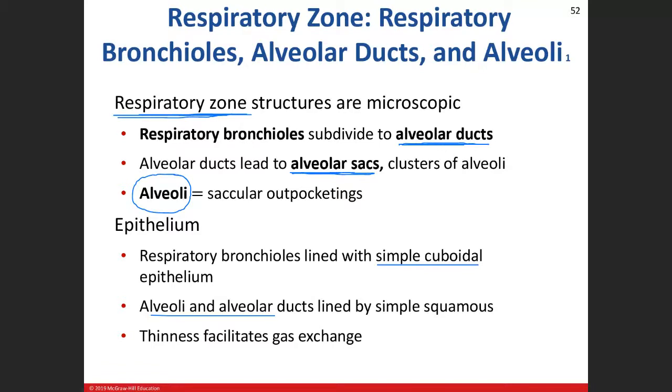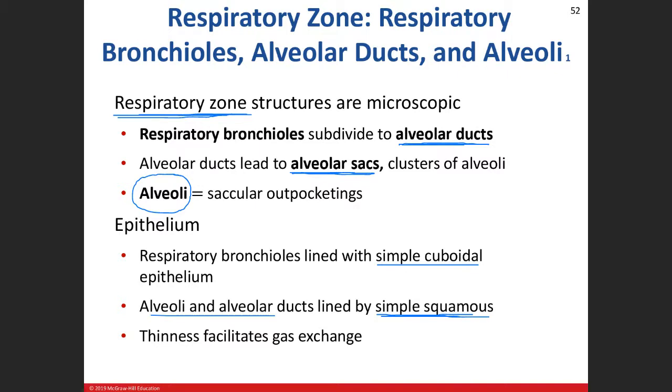Up in the conducting zone we saw pseudostratified ciliated columnar epithelium, which is thick in comparison. Simple cuboidal is thinner, but simple squamous is one cell layer thick. And here's the crazy part: when we talk about simple squamous epithelium involving the alveoli and the capillary, how many cell layers thick is a capillary?